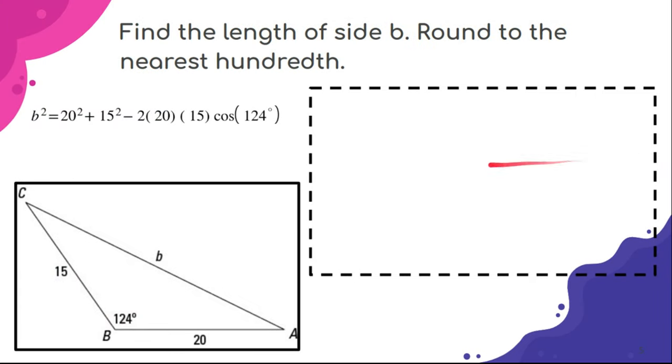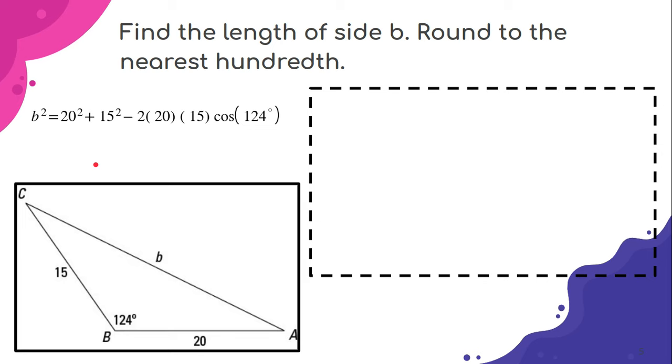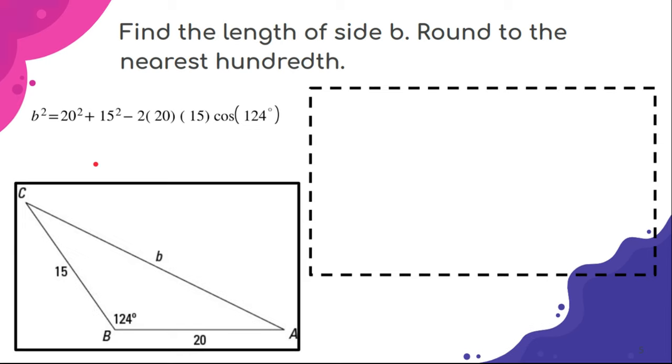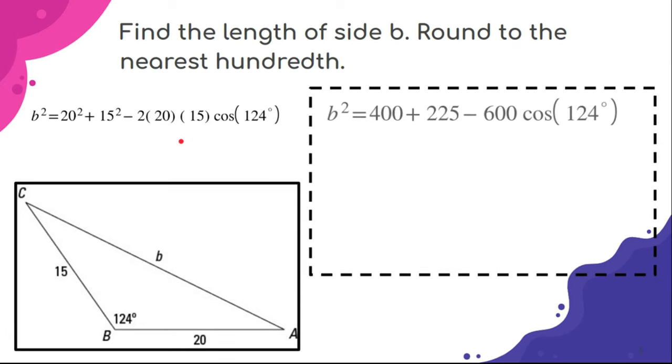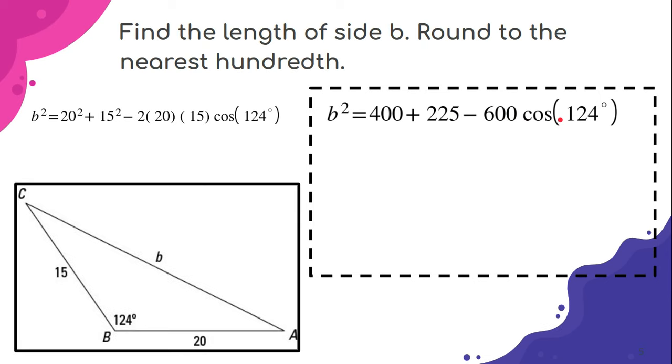Meaning, the 20 squared, 15 squared, and the negative 2 times 20 times 15 will cause the equation to simplify into B squared is equal to 400 plus 225 minus 600 times cosine of 124 degrees.